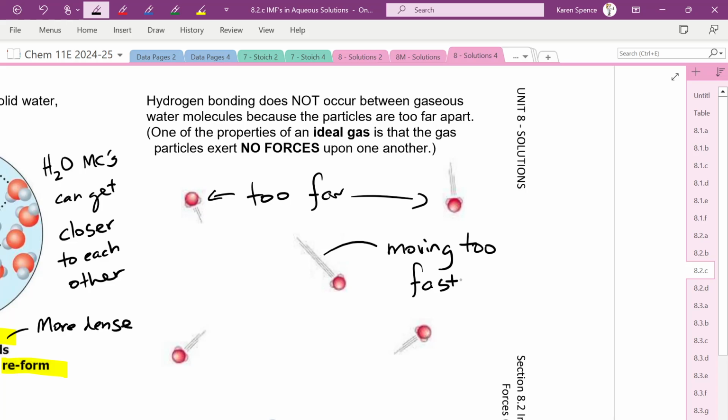If you happened to have gaseous water and one particle was just by random nature moving a little slower, and another one was moving slower, and if they got really close, what would happen? They would condense. Yeah? So the more you lower the temperature, the more likely you are to get condensation. That's one of the reasons why the air dries out so much in the winter, because it's colder, and so you get more condensation, so there's less actual water vapor in the air.